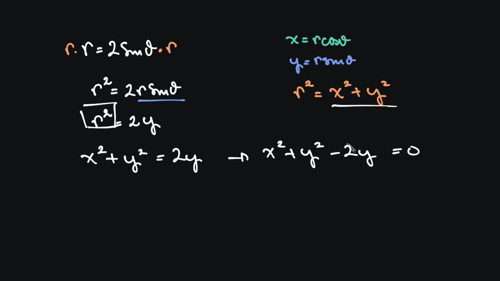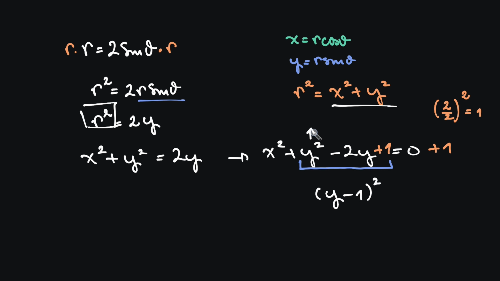Remember that we complete the square taking this 2, divided by 2, and square it. So 2 divided by 2 is 1. 1 to the power of 2 is 1. So if we add 1 on both sides, we are completing the square. If we are completing the square, this trinomial can be written as y minus 1 to the power of 2.